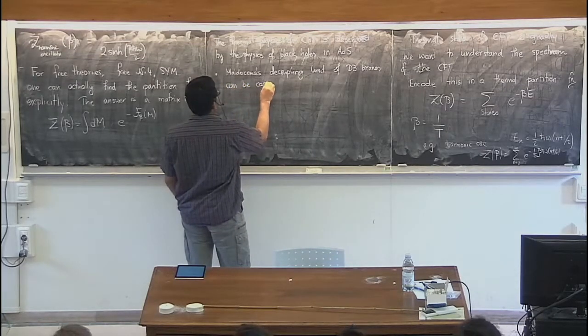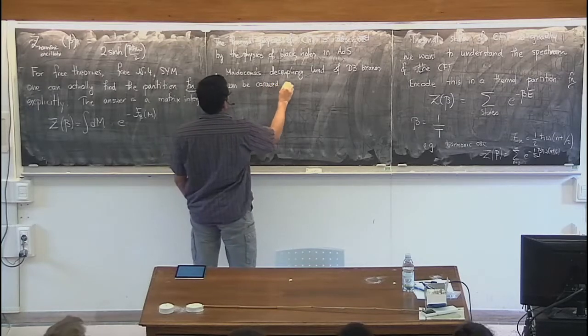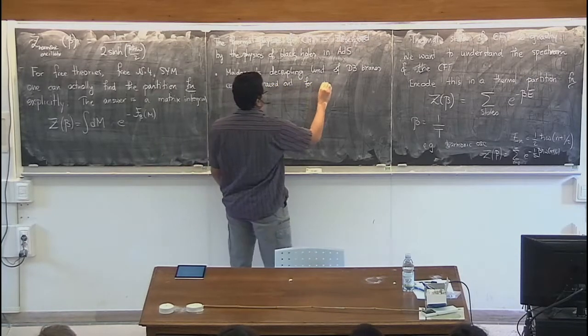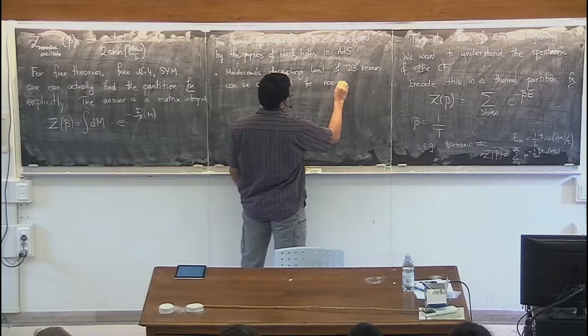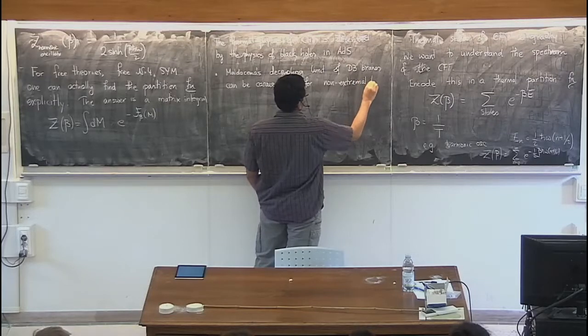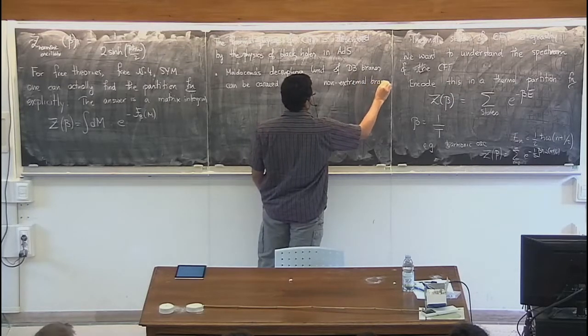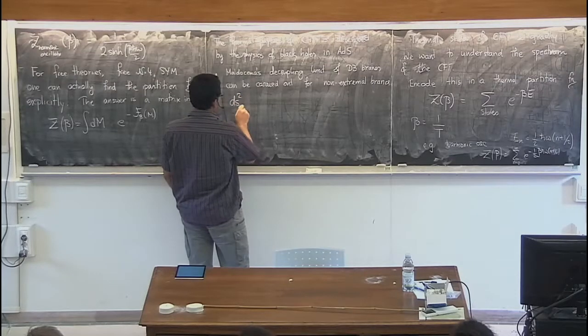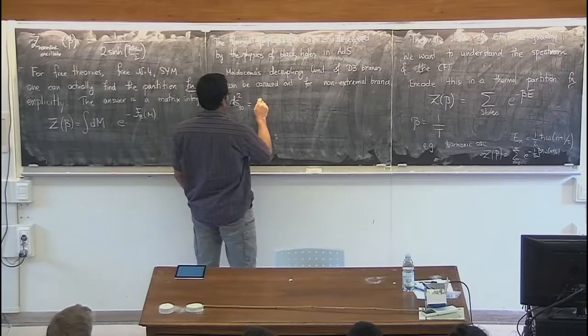We can carry this out for non-extremal D3 branes, for which the geometry in 10 dimensions looks as follows.